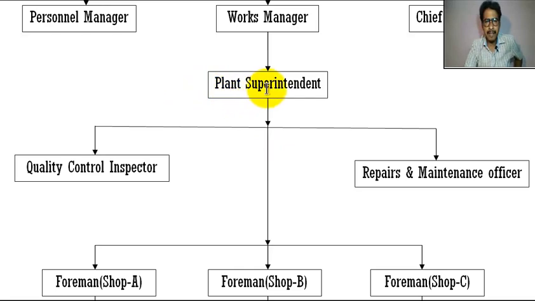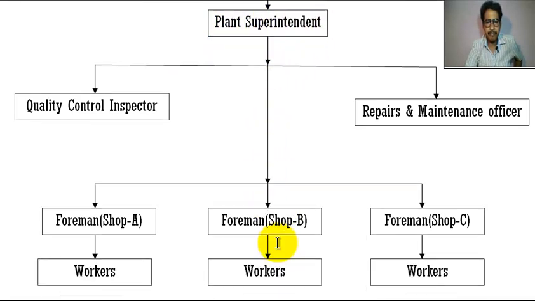Under plant superintendent, line executive: foreman shop A, foreman shop B and foreman shop C. Under foreman shop A, these are workers.